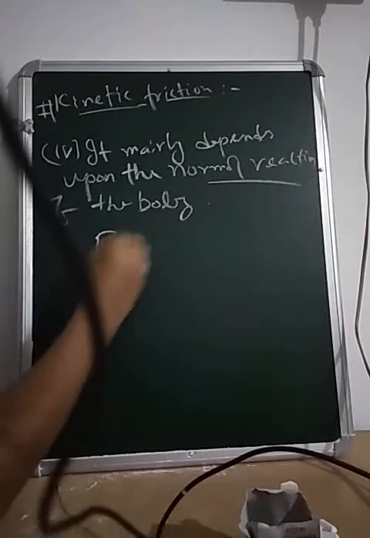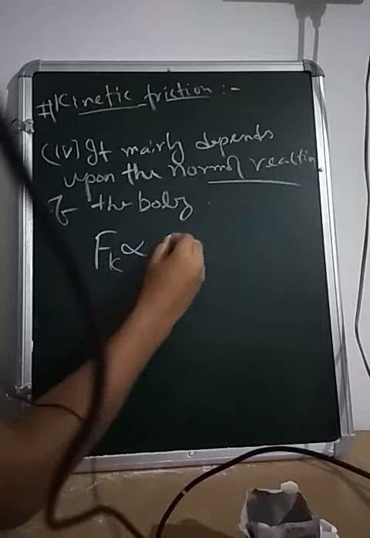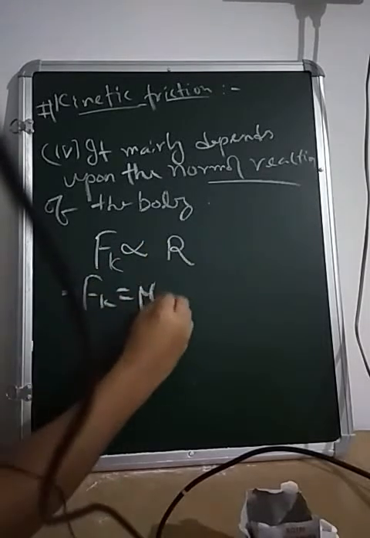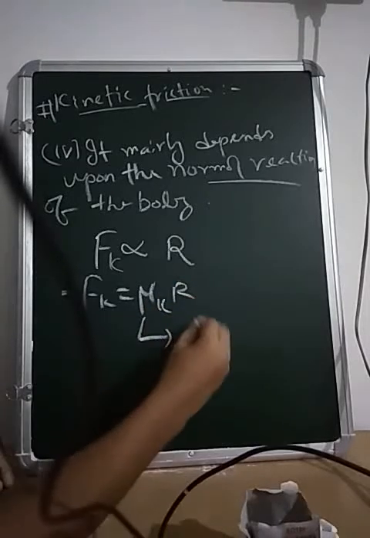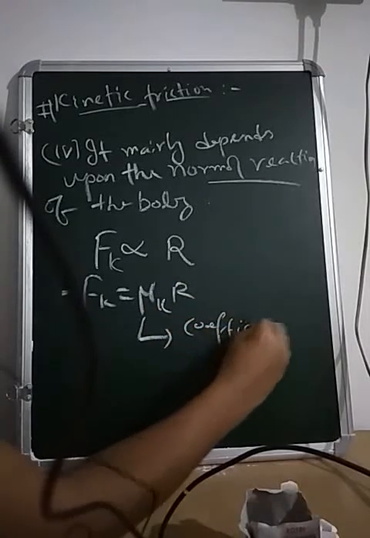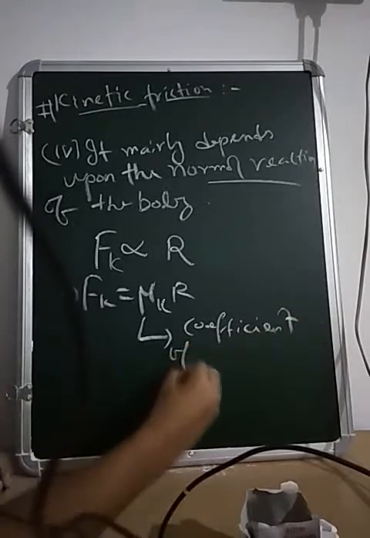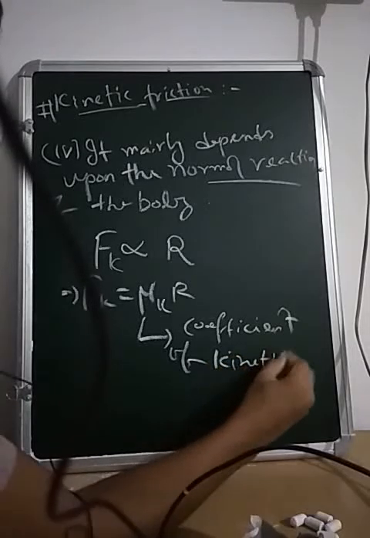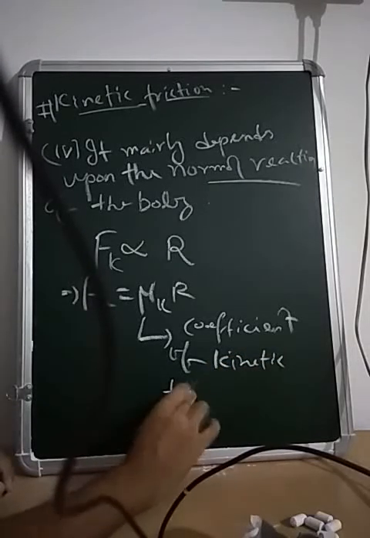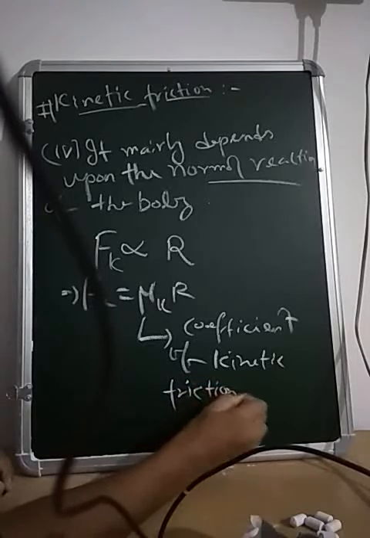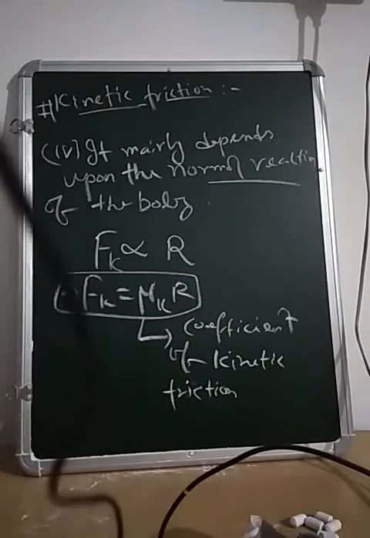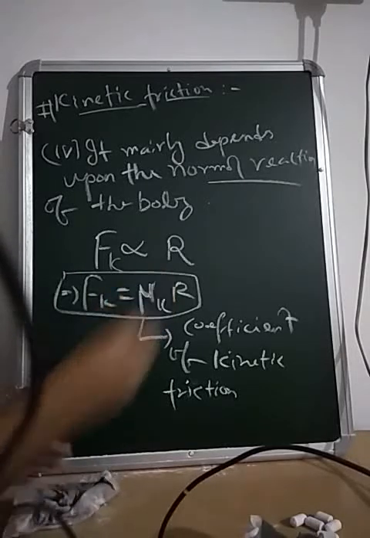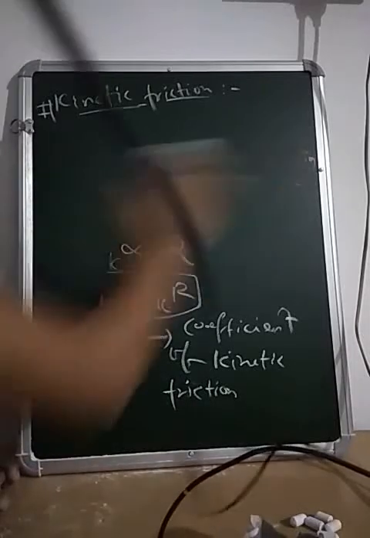So we can represent kinetic friction Fk as proportional to the normal reaction of the body, or we can say Fk is equal to mu k into R, where mu k is the coefficient of kinetic friction. This is how we write down kinetic friction. In the other case, it was mu s and here it is mu k.